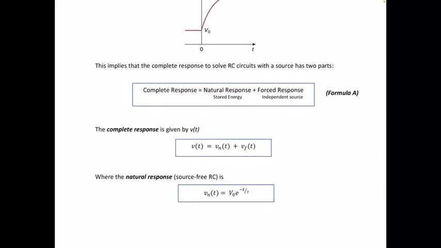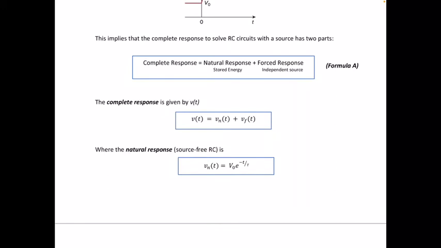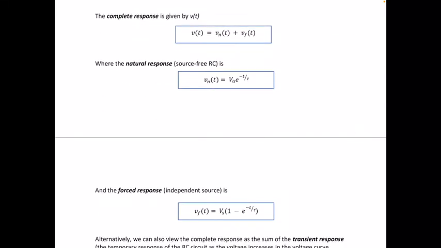So I've also placed here the equivalence of the complete response. We have the complete response v(t) equal to Vn plus Vf, in which our Vn is our natural response, in which our circuit is source-free, and our Vf is the forced response, which is the response brought by the independent source.